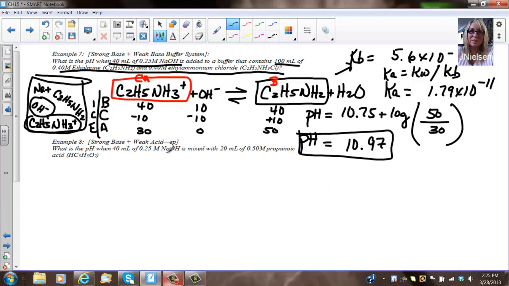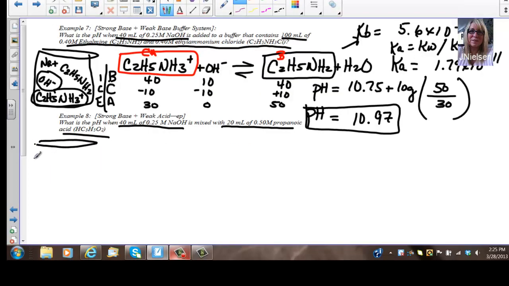Let's move on. A strong base and a weak acid. What is the pH when 40 mils of 0.25 molar NaOH is mixed with 20 mils of 0.5 molar propanoic acid? In my beaker, basically real easy, Na plus and OH minus, and propanoic is a weak acid, HC3H5O2.